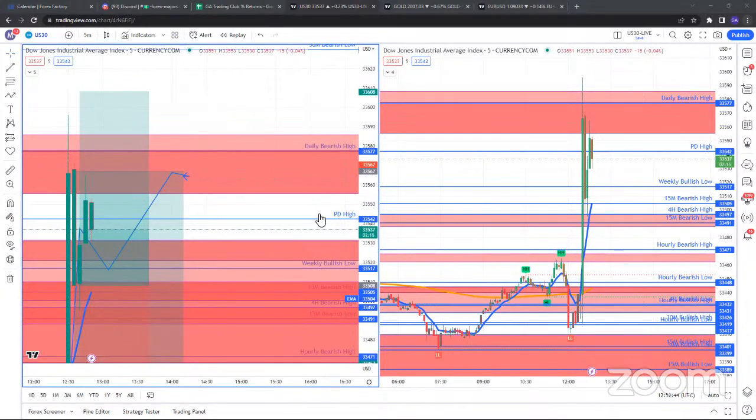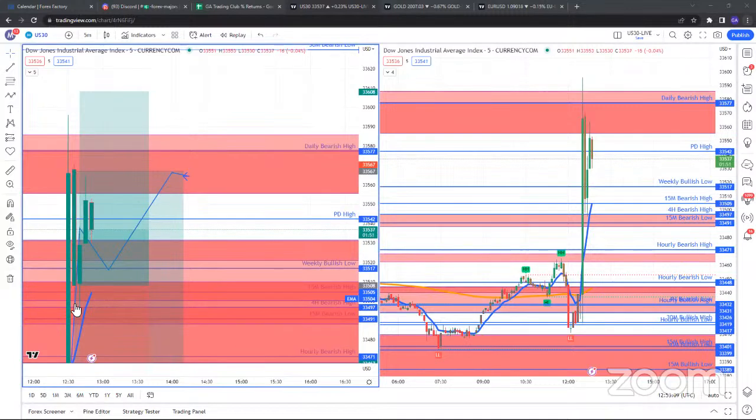Also, keeping in mind the other thing about NFP, we normally have a reversal before New York session. We normally have a reversal, and price comes back to the pre-news levels. So just keep that in mind. I'm also watching out for if we do get a 5-minute signal sell on US 30, I will close this trade.